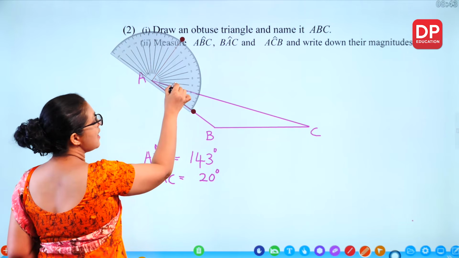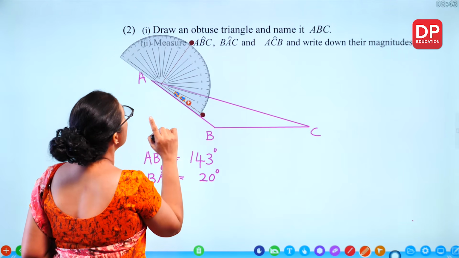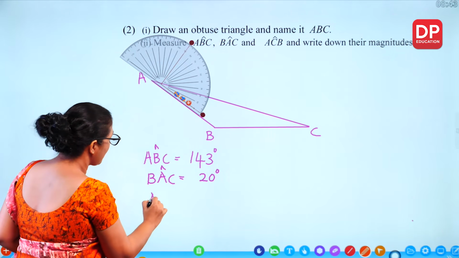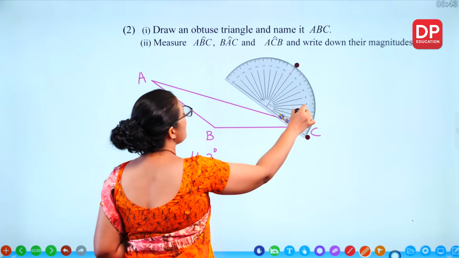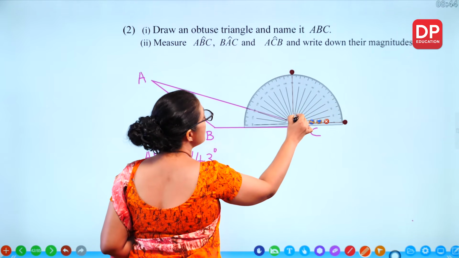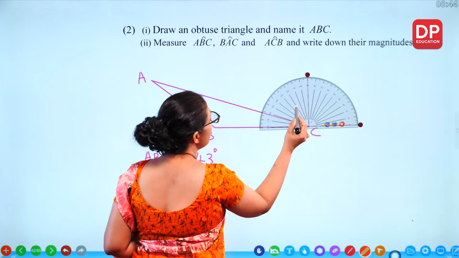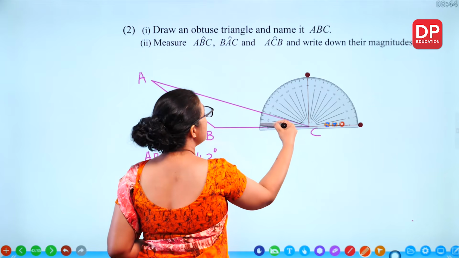Then we'll take the other angle. What's the other angle? BCA or ACB. ACB angle. We'll measure it and see. So here, this is an acute angle. So you need to measure this way.